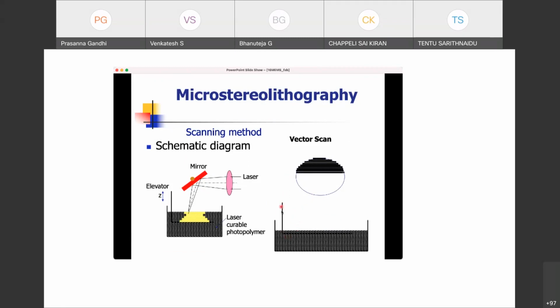You insert this substrate into the system to get a layer thickness, and then you do a vector scan or raster scan or whatever scan you want, and that layer will be solidified. When you scan the laser, you photopolymerize the photopolymer, and then you insert this substrate again into the system, and you get the second layer on the surface of this first layer, and you scan the second layer, and like that, layer by layer, you start building the component.